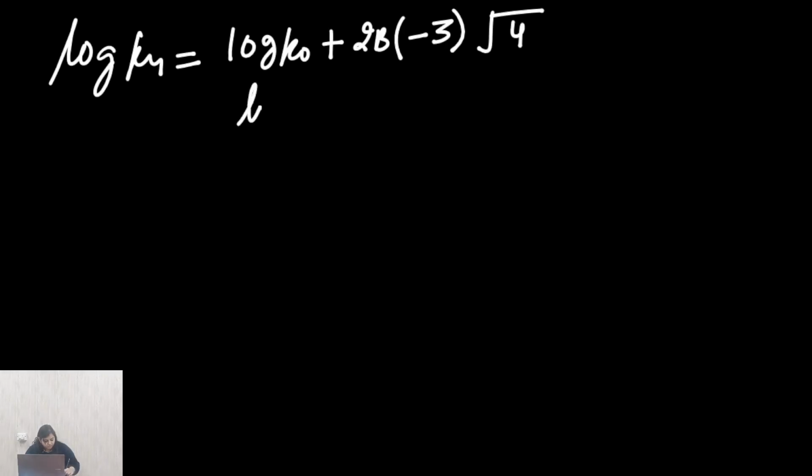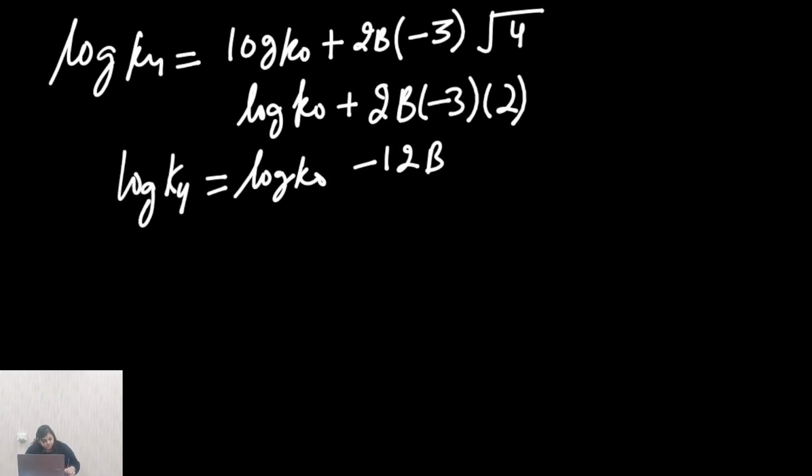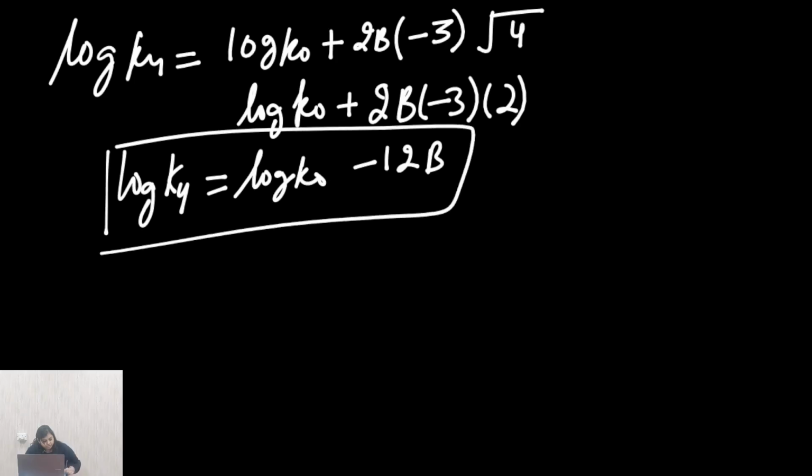It comes out to be log of K naught plus 2B into minus 3 into 2. So it comes out to be minus 12B. This is log of K naught, this is equal to log of K4. So this is going to be the value, right?